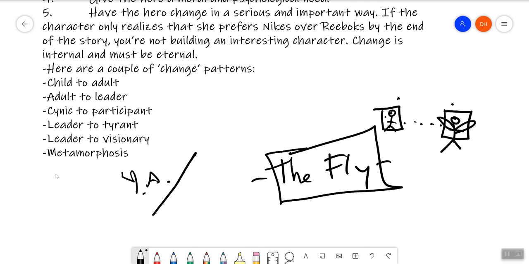Now, if you'll remember back to Intro to Creative Writing, some of these change patterns are very similar to plot structures that we looked at. Now, plot is something I'll talk about here in a little bit, not in this lecture, but in a different one. Plots are relatively limited in structure because plot, just like these change patterns, reflects the range of human experience, which is also relatively limited, is it not?